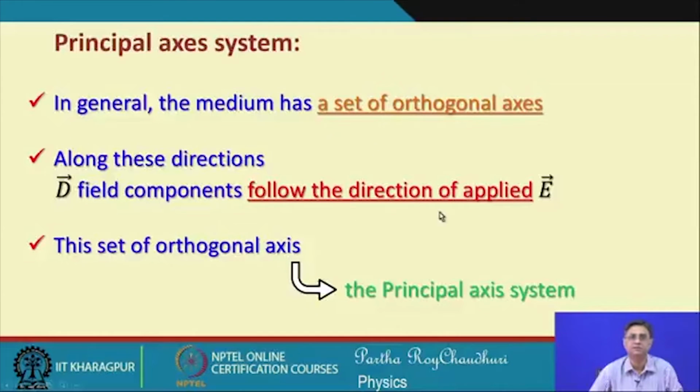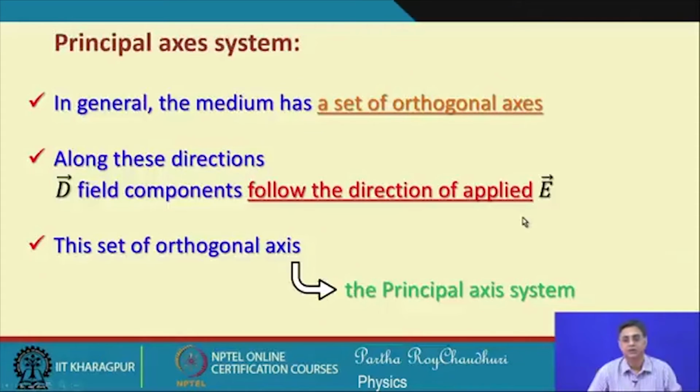This is an interesting finding, that if we look for a set of orthogonal coordinate axes within the medium, there is one system in which the displacement field will follow the electric field in the same direction.